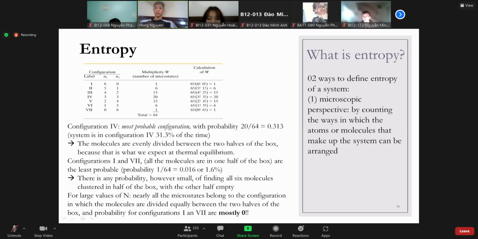So we know that a system will choose the configurations that have the highest probability to happen.